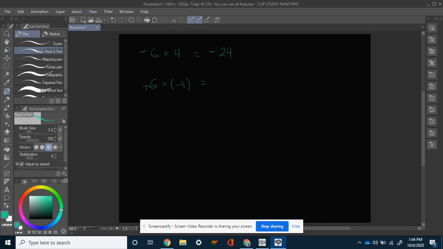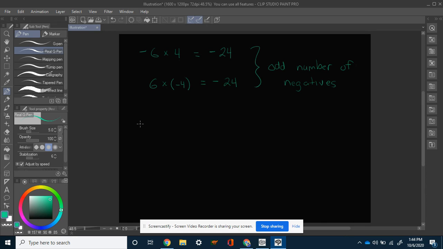We're saying it started as positive, but we have a negative here. It became negative. 6 times 4 is 24. So there's only one negative, or we would say there is an odd number of negatives. So an odd number of negatives, the answer stays negative.